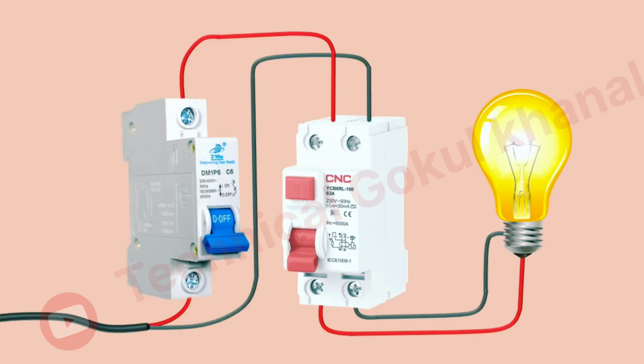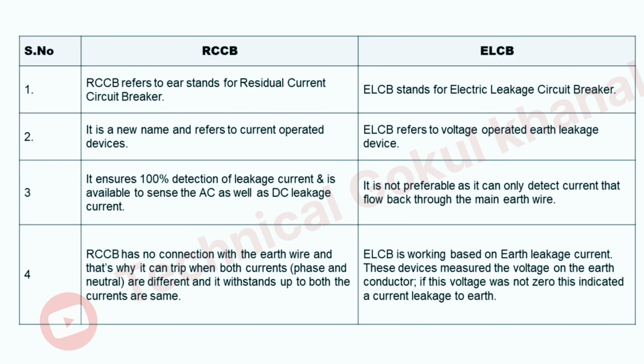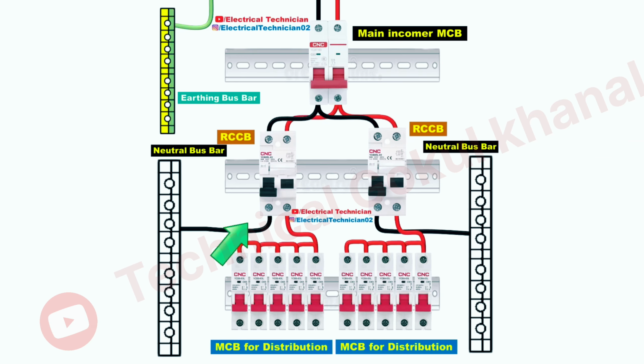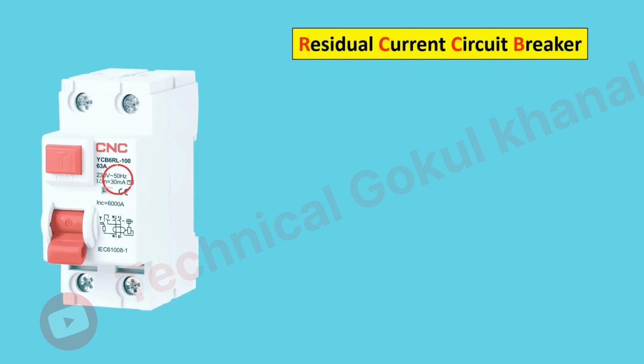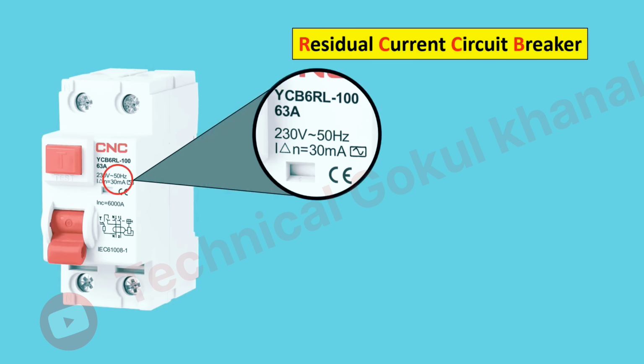For now, you can only find RCCB in the market, which is more sensible than ELCB. Before moving forward, I want to tell you one more thing, that when you go for installation of RCCB, the leakage current of RCCB must be 30 mA.